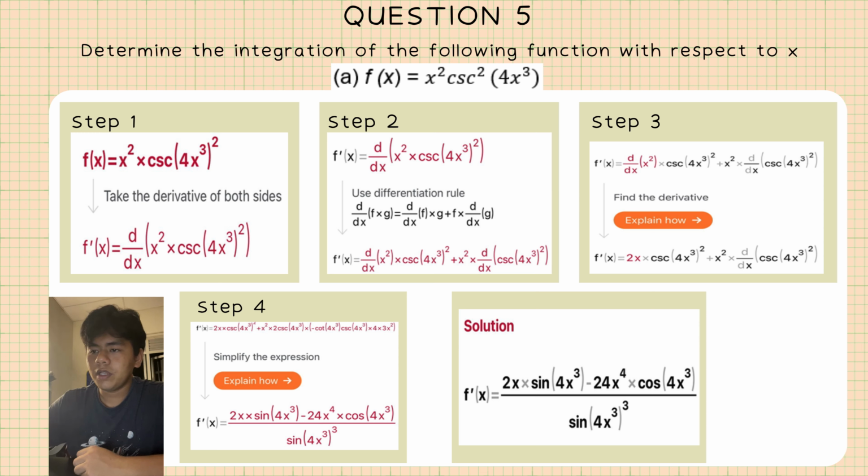For step 3, find the derivative. F prime x equals 2x times cosecant, open the bracket, 4x power of 3, and close the bracket square, plus x squared times d over dx cosecant 4x power of 3 squared.